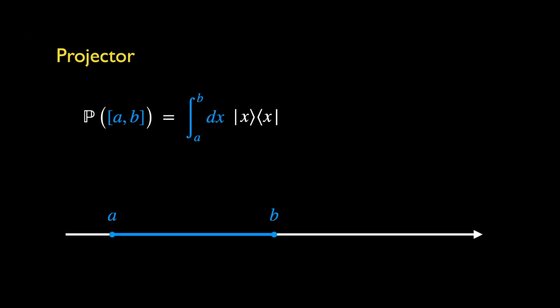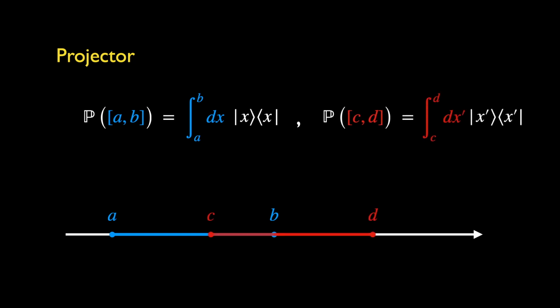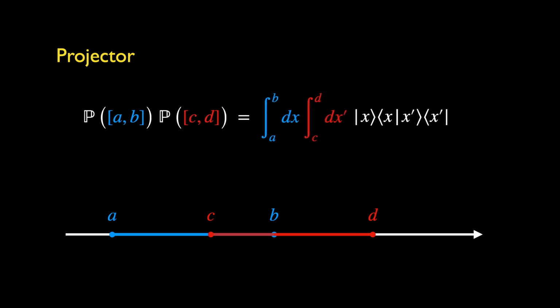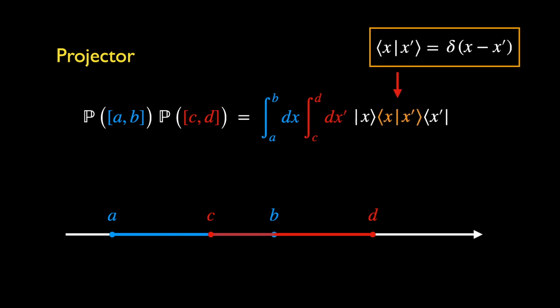Let's look at another property of a projector. Suppose there is another projector that projects out a different interval CD. What happens when we apply these two together? Once again, the overlap of the projectors gives rise to a delta function.